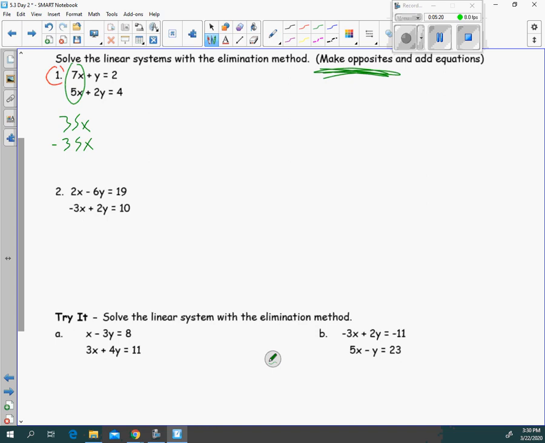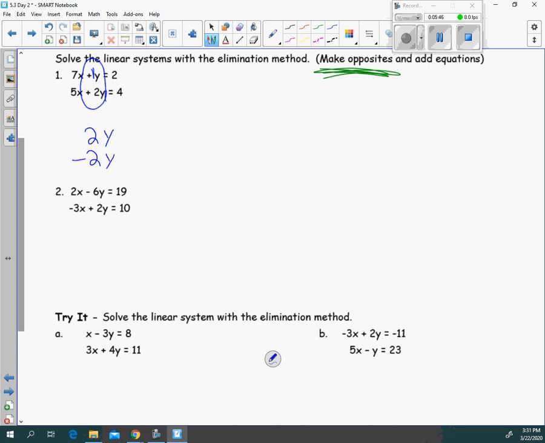So it's always generally better to do the smaller numbers. So in this case, the blue one is smaller. And so I'm going to pick that one. This is really a 1y, right? What would I want those to be in order to be opposites? I would want a 2y and a negative 2y, right?